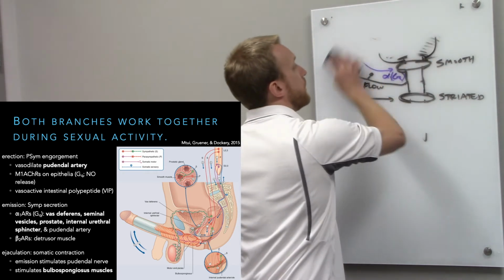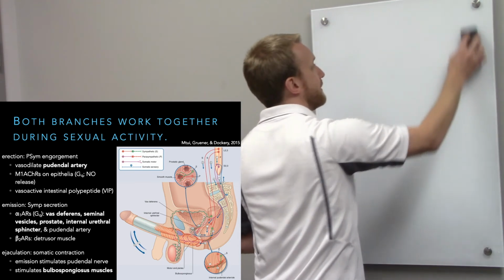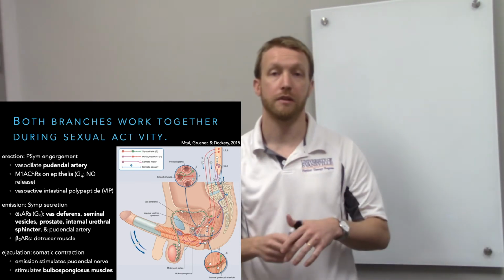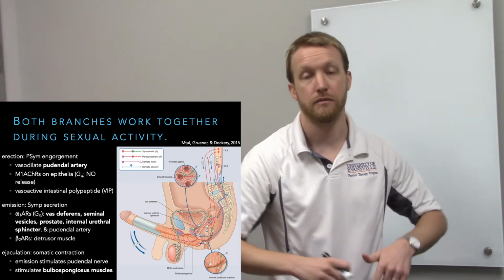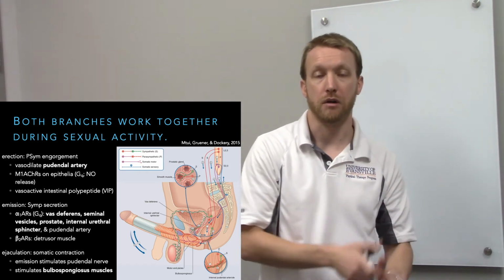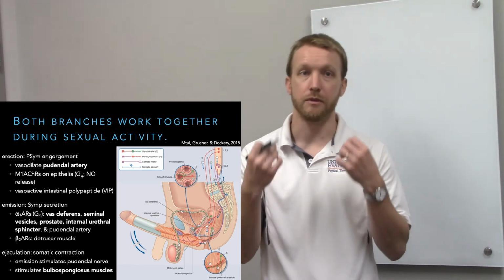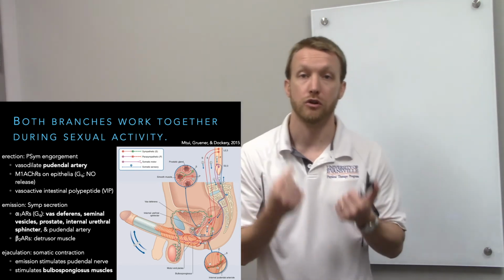Alright, so for urination, sympathetic tone prevents urination. Parasympathetic allows for the completion of urination. So parasympathetic kind of ended the process. For sexual activity, the parasympathetic division seems to start the process.